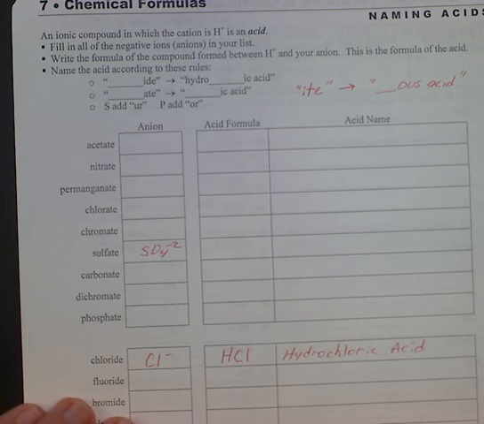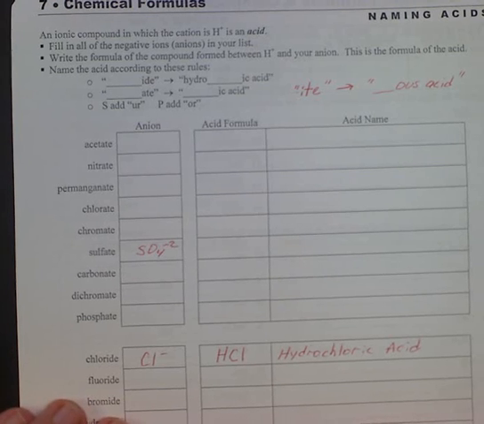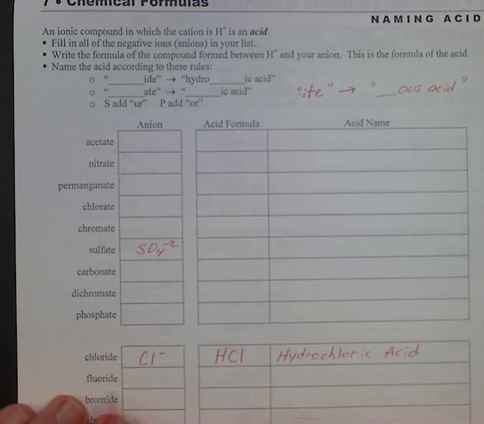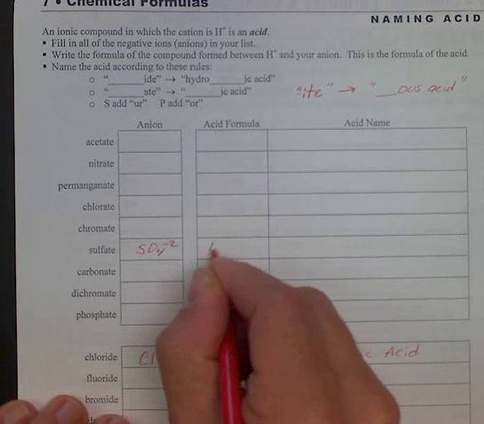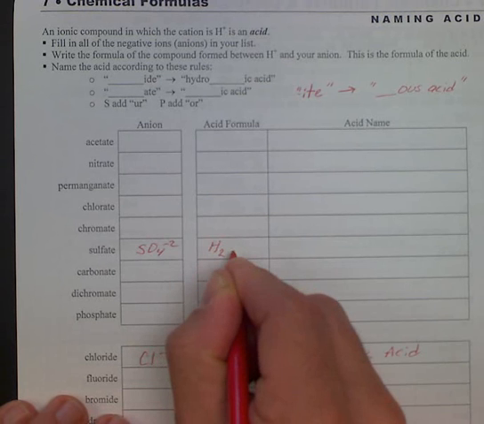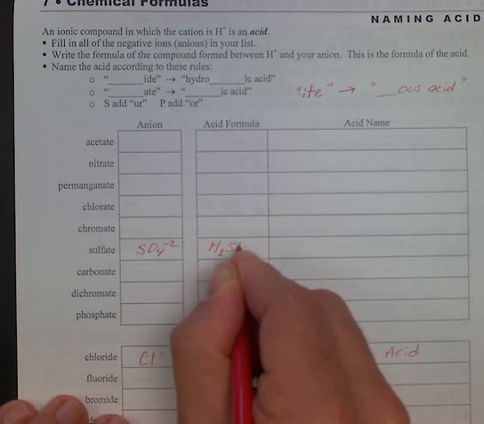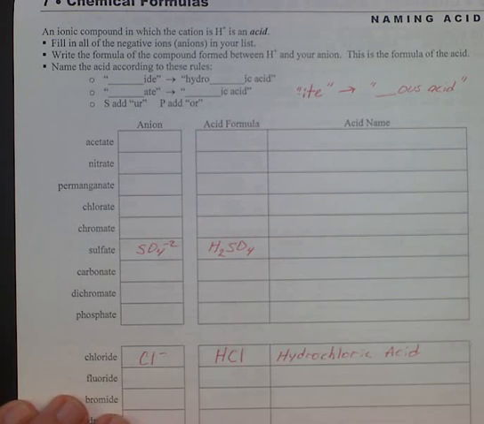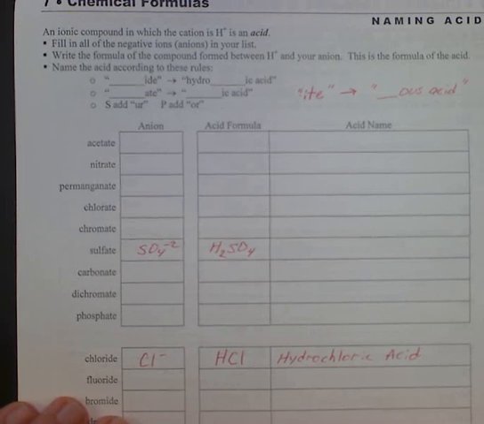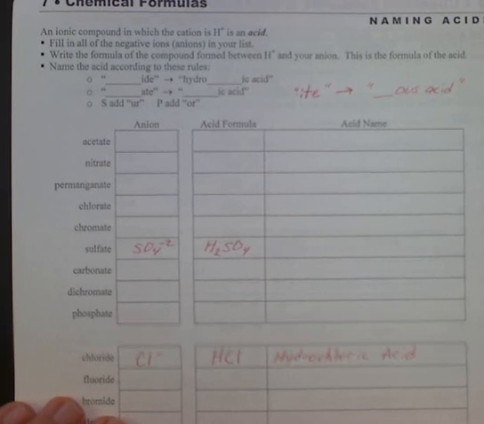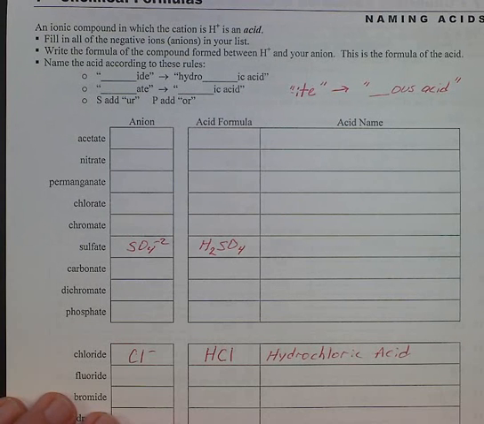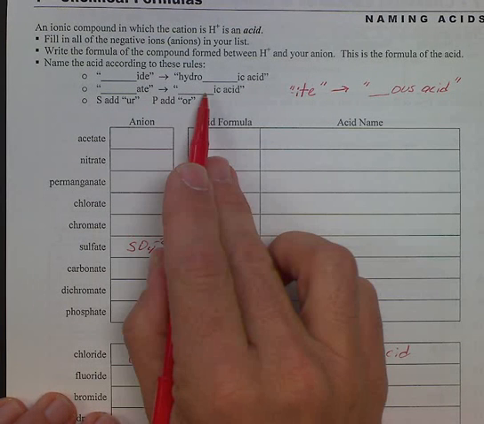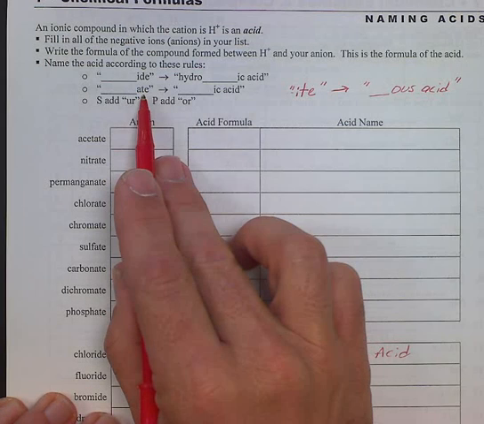Now because sulfate has a -2 charge and hydrogen has a +1 charge, my formula is going to be H2SO4, because I've got to balance those charges. And then when I go to write the name, I don't need that hydro prefix because sulfate ends in ATE.